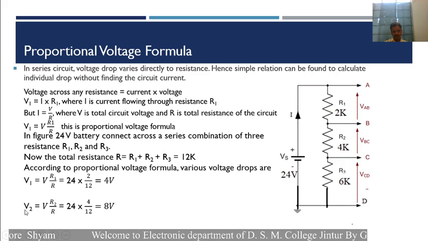According to the proportional voltage formula, the total voltage V is 24 volt, the value of R2 is 4 kilo ohm, and R is the total resistance, 12, and therefore that is equal to 8 volt.